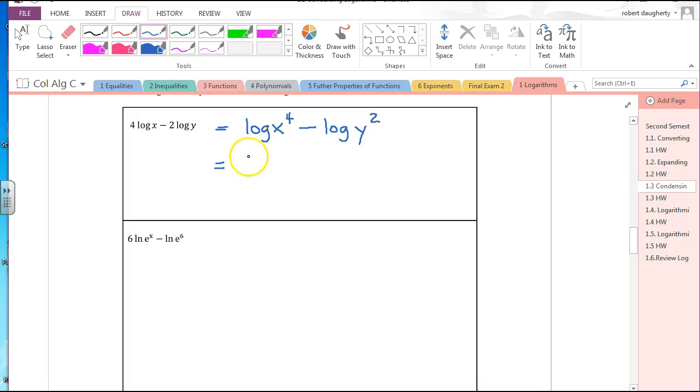So this is the log of x to the 4th divided by y squared. So now I have this as the log of one expression. Okay? Makes sense? So this was just combining the quotient and the power rule.